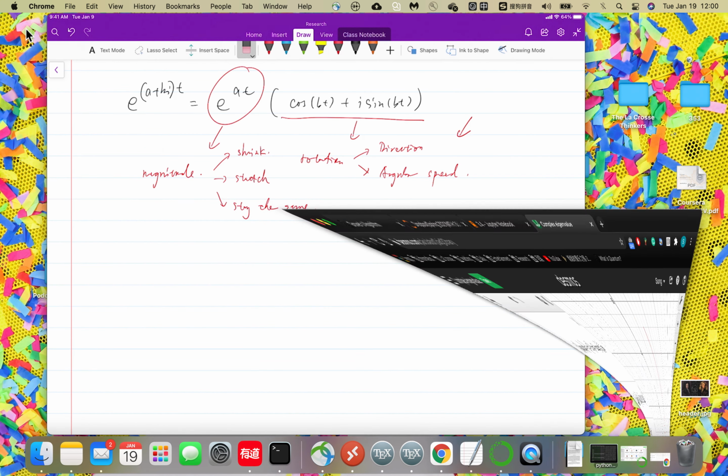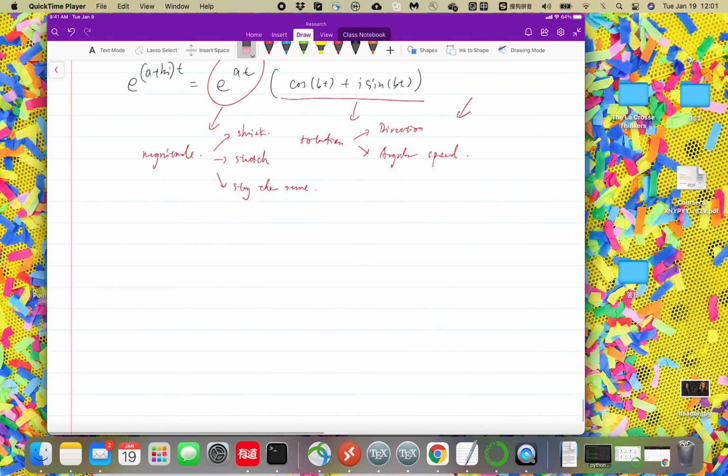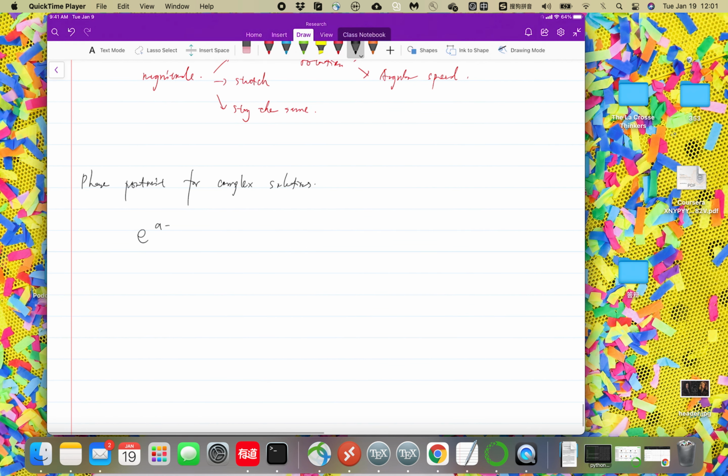All right. So that's the phase portrait we are going to get for complex eigenvalues. So, phase portrait for complex solutions: it comes from e to the (a plus bi)t, which equals e^(at) times (cosine bt plus i sine bt).